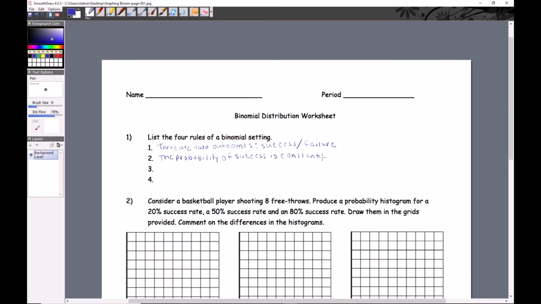All right, so I guess that's a sentence. Every trial is independent. And lastly, there is a fixed number of trials.